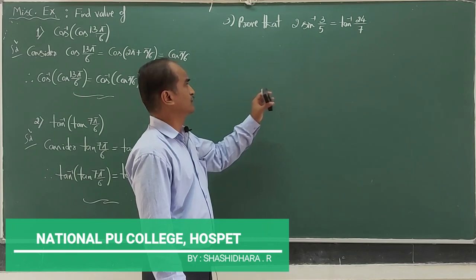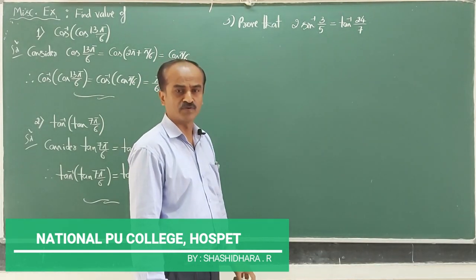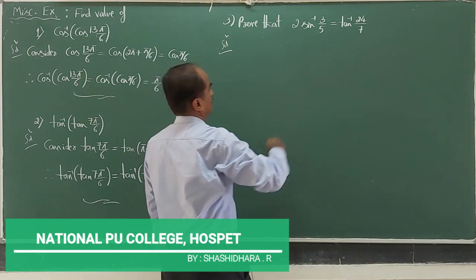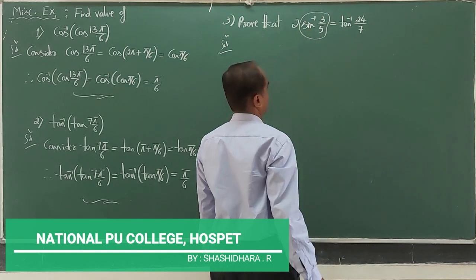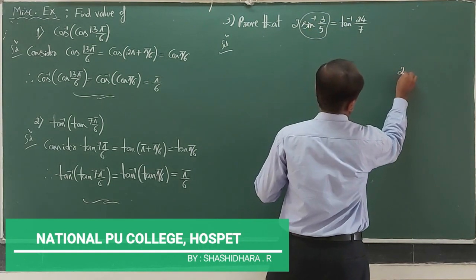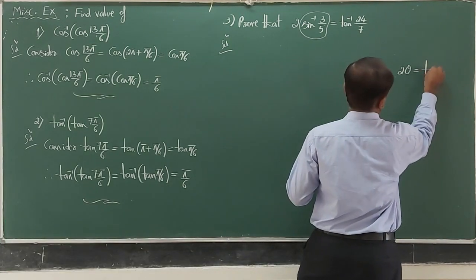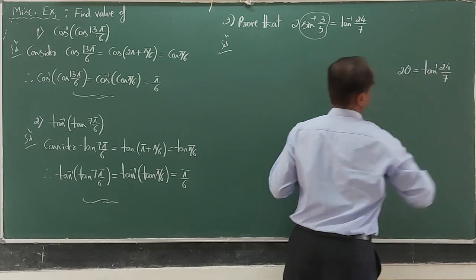Now, let us take the third one. Required to prove that 2 sin inverse 3 by 5 is equal to tan inverse of 24 by 7. Now, I read this sin inverse 3 by 5 as theta. What it becomes? 2 theta equal to tan inverse of 24 by 7.